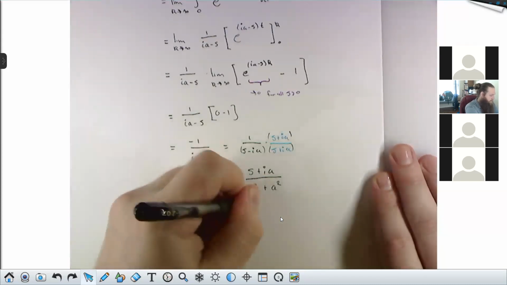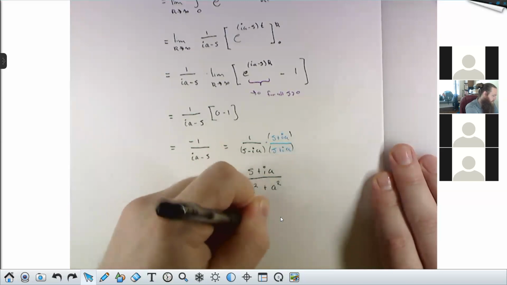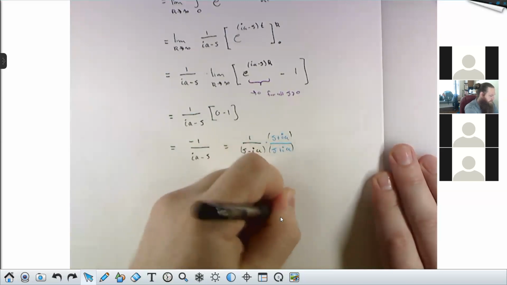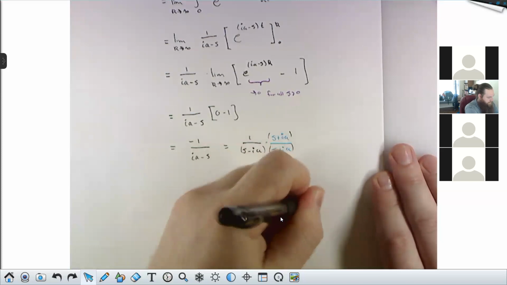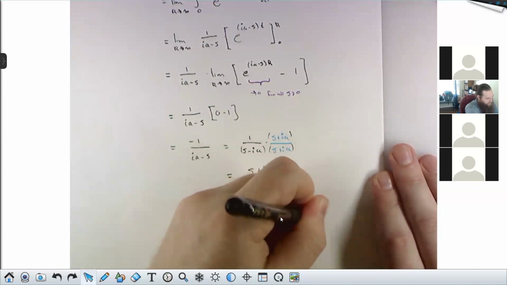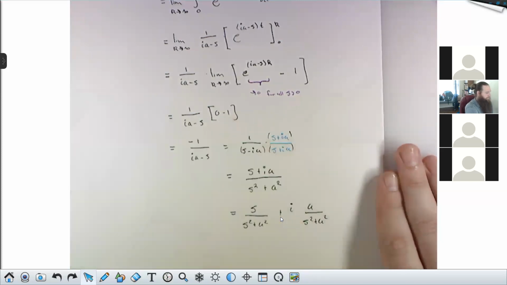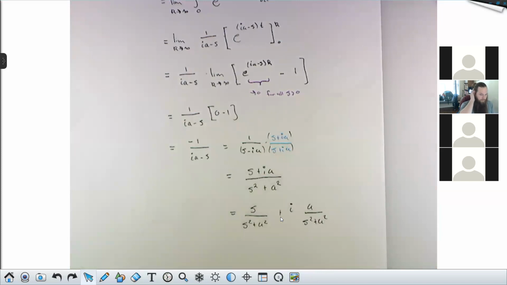So this is s over s squared plus a squared plus i times a over s squared plus a squared. There you go. Real part, s over s squared plus a squared. Imaginary part, a over s squared plus a squared.